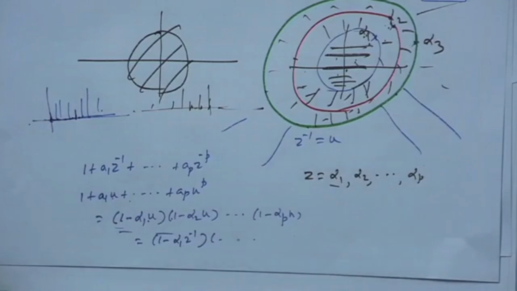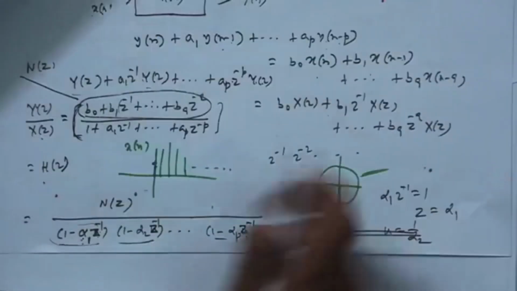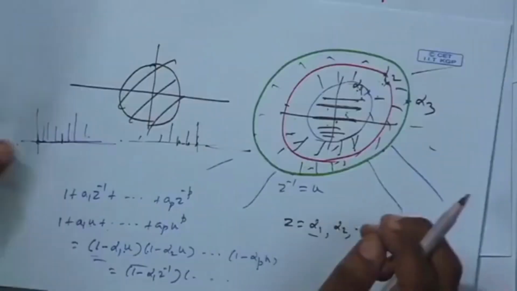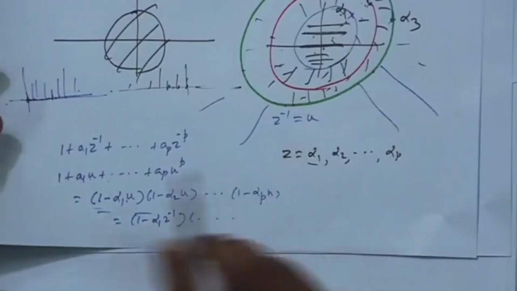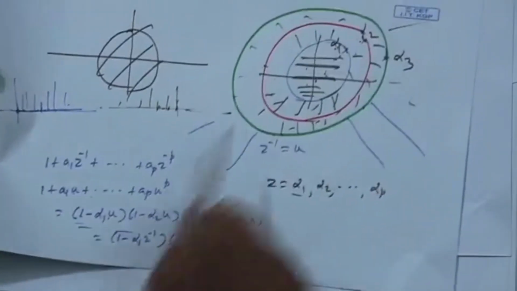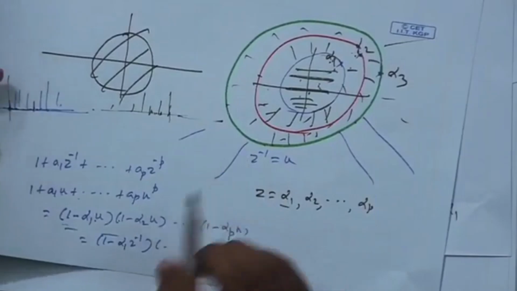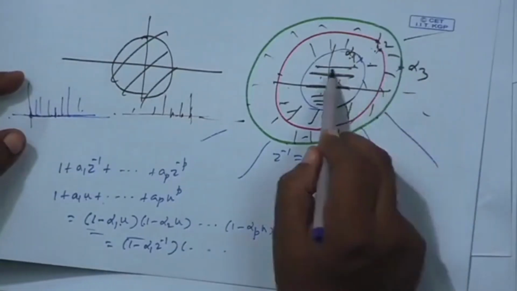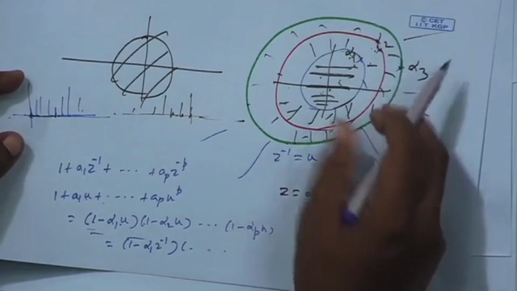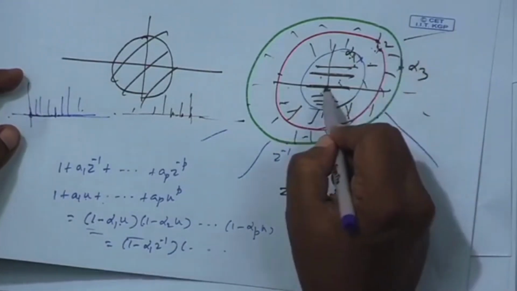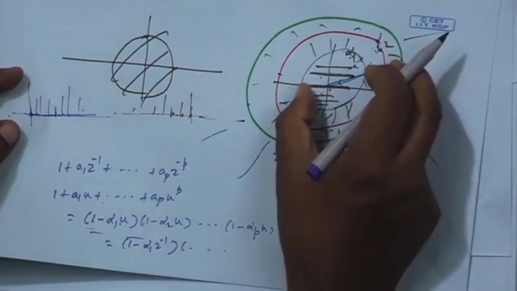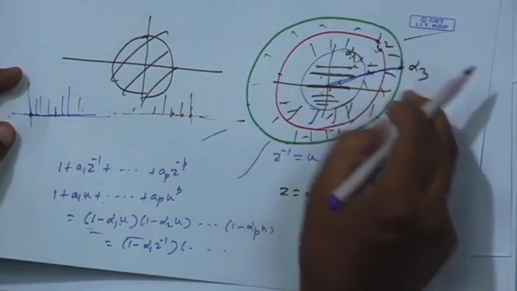Now, if the system governed by this transfer function is to be causal and stable, for causal the ROC should start at the pole furthest from the origin, furthest in terms of radius or magnitude. This much is the magnitude of alpha 3.